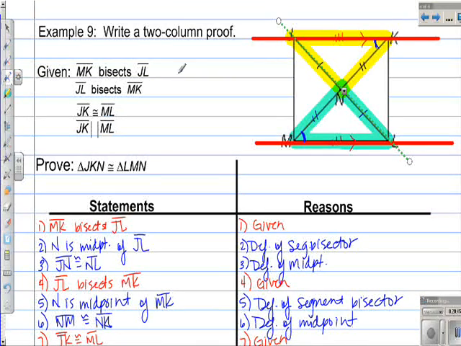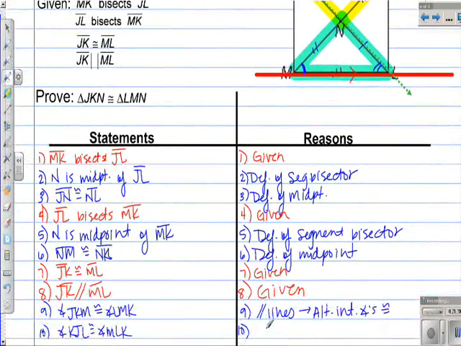Then don't we also have this alternate interior angle and this alternate interior angle? And once again, the lines are still parallel. It's the angle between the parallel line and the transversal on both sides. So we could say angle KJL is congruent to angle MLJ. And our reason is because parallel lines imply that alternate interior angles are congruent once again.